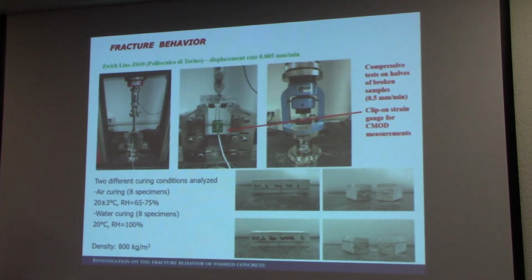And in fact, we prepared just a small number of specimens, 8 specimens, half of which we left curing in air and the other half curing in water, at a specified density of 800 kilograms per cubic meter. And we determined the flexural strength, the fracture energy, and the compressive strength on the halves of the broken specimens, according to the Japanese testing standard.